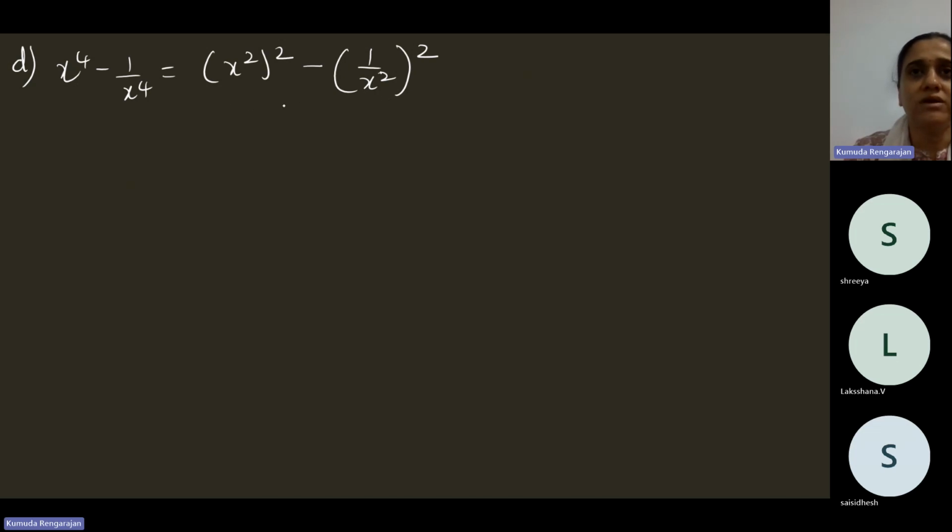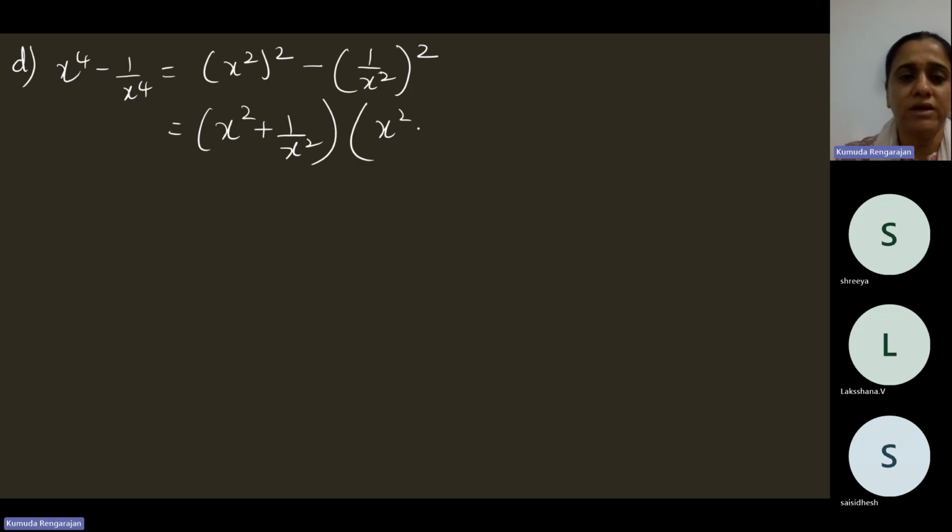So you can express it in the form a squared minus b squared, which can be factorized as a plus b into a minus b. A is x squared and b is 1 by x squared. A plus b is x squared plus 1 by x squared, a minus b is x squared minus 1 by x squared.